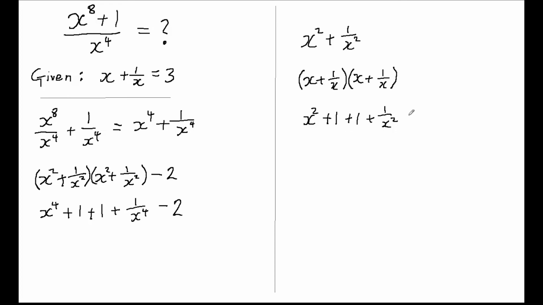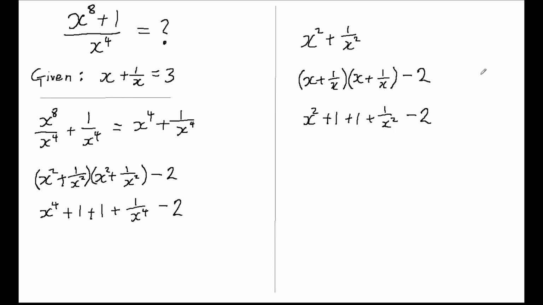So once again, I'm going to put a minus 2 on the end to correct things, and for completeness, a minus 2 on the end there. Okay, we've now finally got down to our x plus 1 over x, which is what we wanted. So we can now substitute in x plus 1 over x equals 3 and work backwards.